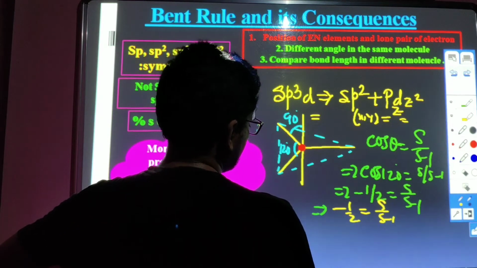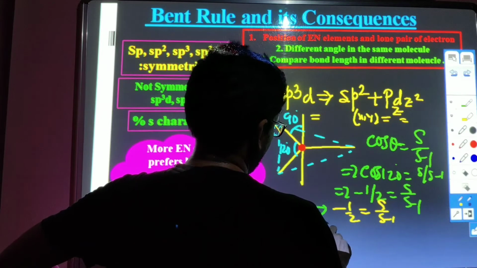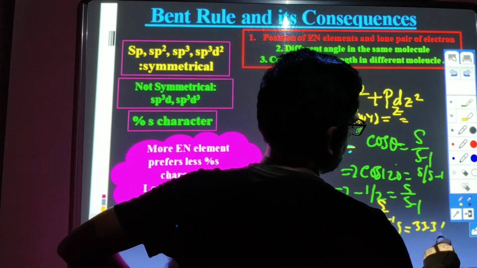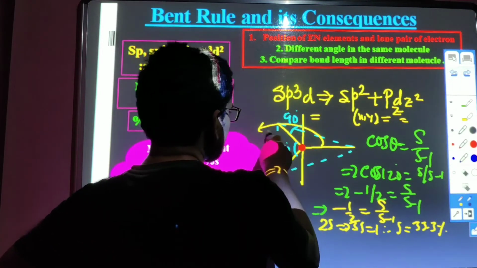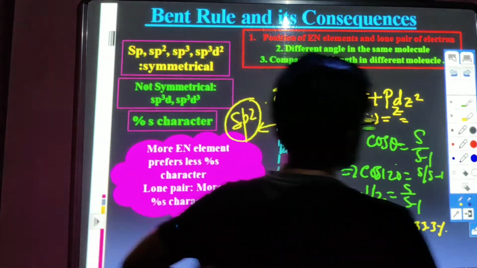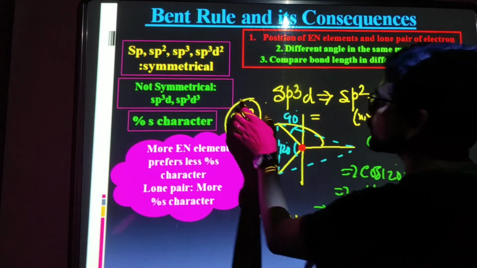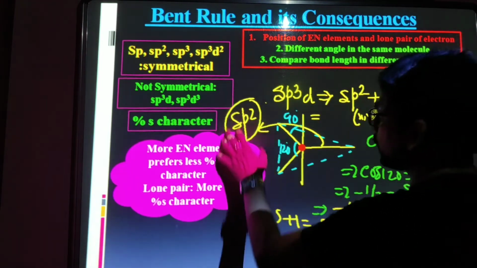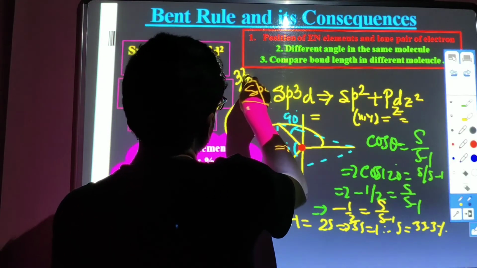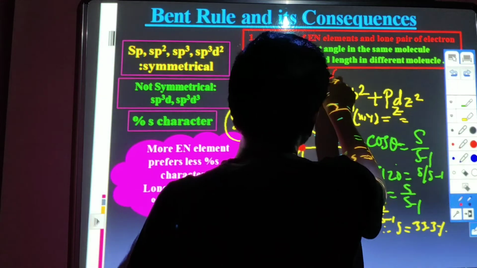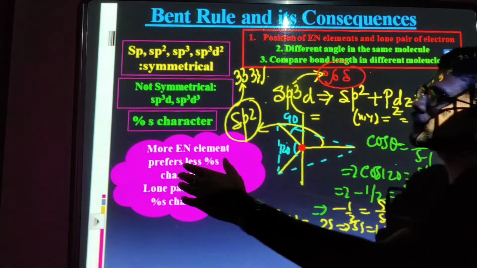It means minus S plus 1 equal to 2S. It means 3S equal to 1. So S equal to 33.33%. Actually, this is the percentage of S character for sp2. From the formula we can calculate. So here percentage of S character is 33.3%. And here, cos 90 is 0, so you can say the percentage of S character along the axial bond is 0.